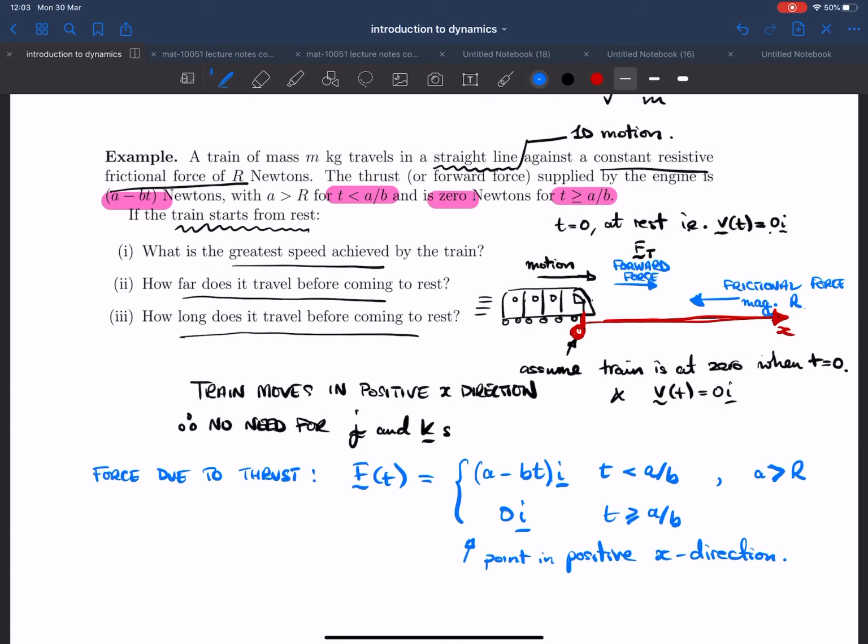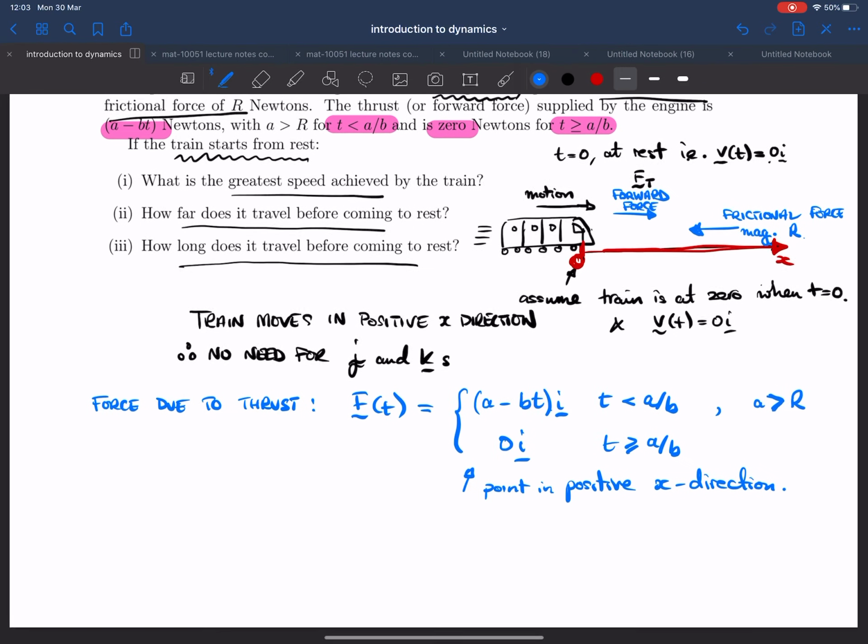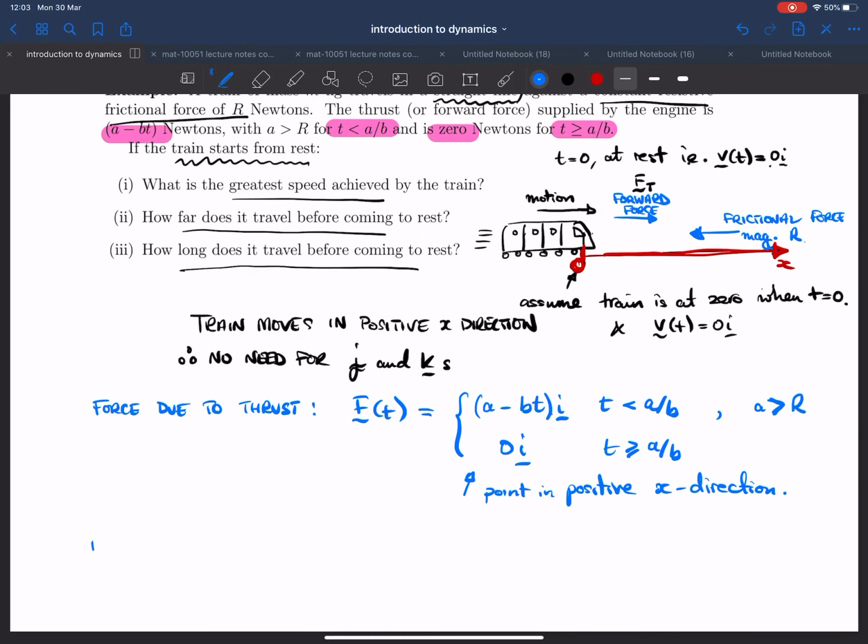Okay. So, what else? So we have a force due to friction, and we'll call this R. And it basically has a magnitude R, and then because it acts in the x direction, you should use the basis vector i.